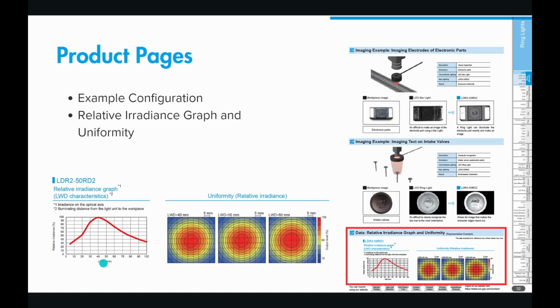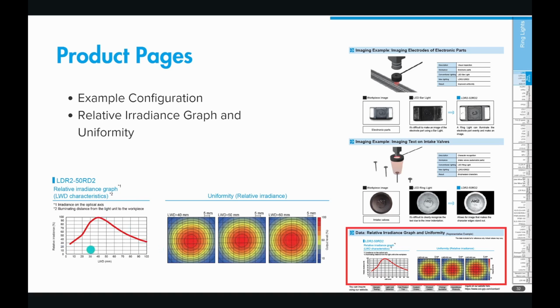This is showing the light relative to its brightest point. In this example here, the light is at 100% intensity at 40 millimeters light working distance. That means that is the peak light working distance for this light where you'll get the most intensity. As you move closer to the sample or further away, the intensity of the light drops down.